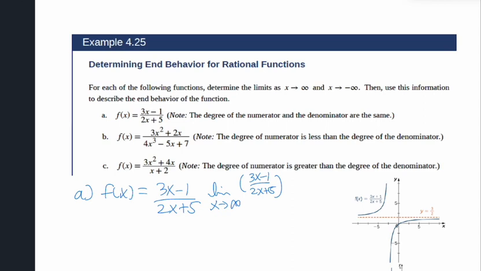So for rational functions, that's a nice L'Hopital's rule. If I take the derivative of the top and the bottom, I get 3 over 2. So the answer is 3 over 2.